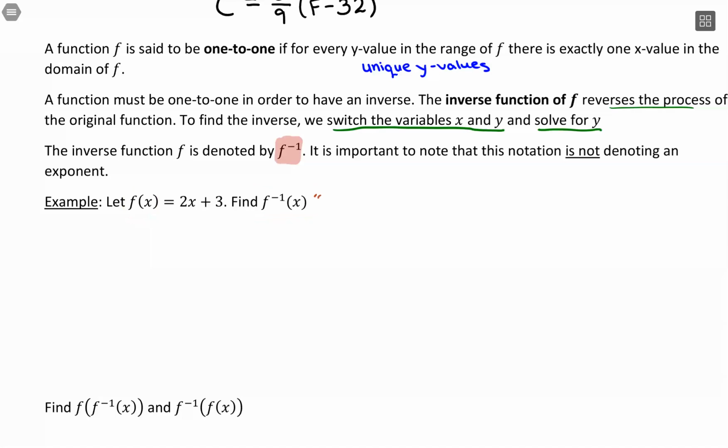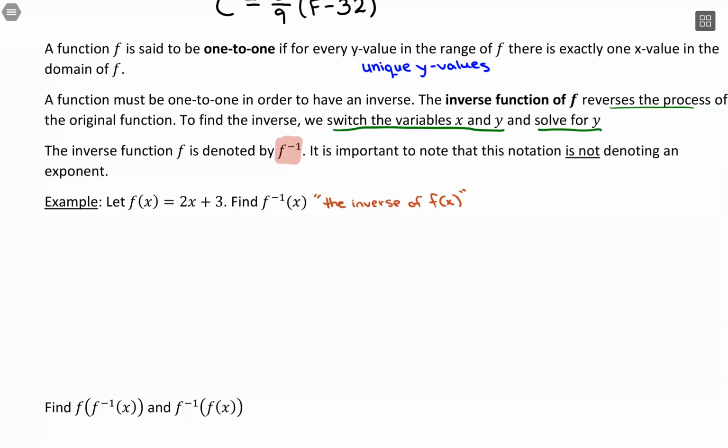So that's how I would read it out loud. The inverse of f of x. So I won't really say the -1 part because numerically it doesn't do anything. So with that, it just means the inverse.